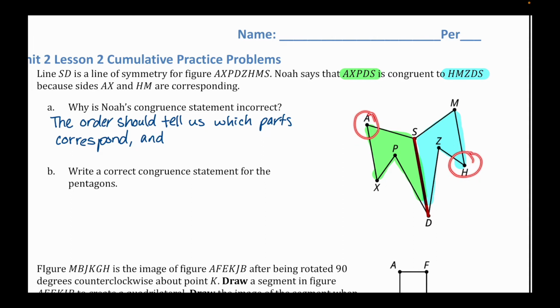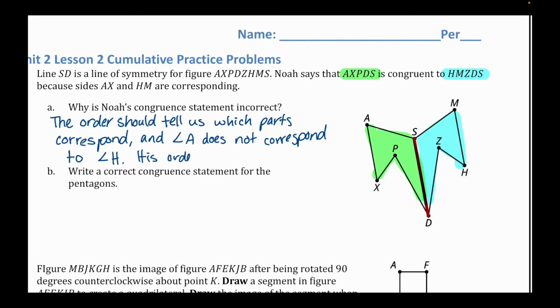So these parts do not correspond. A should be corresponding with M instead. So I'm going to say, angle A does not correspond to angle M, or I'm sorry, angle H. You can say his order is wrong.